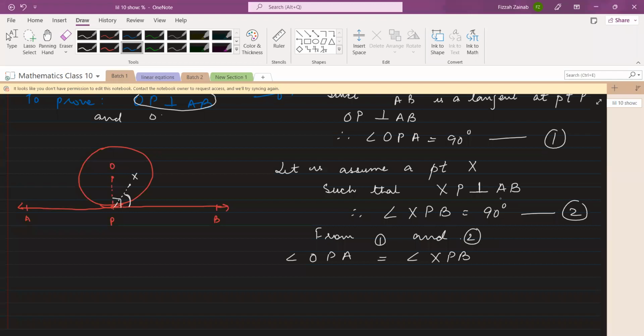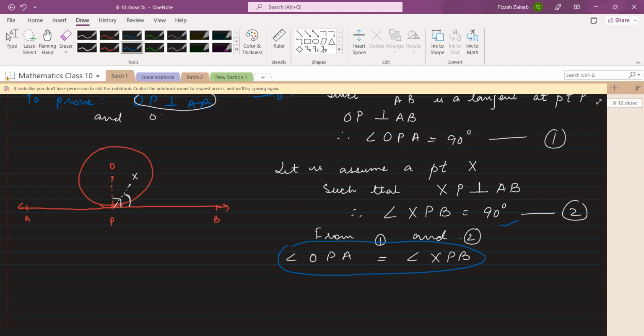I'm just saying X is any point. Actually, such a point does not exist. I am just considering any imaginary point. Now, if it is perpendicular to the tangent, this angle has to be 90 degrees, right? And if I compare equations 1 and 2, both the angles are coming out to be equal.